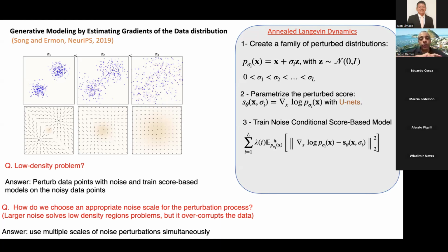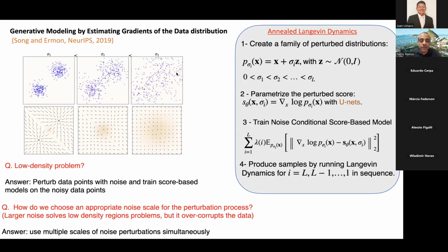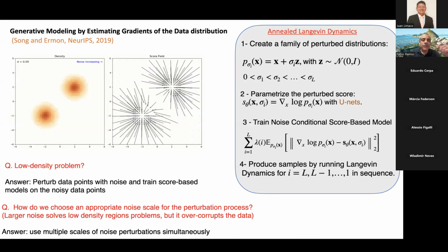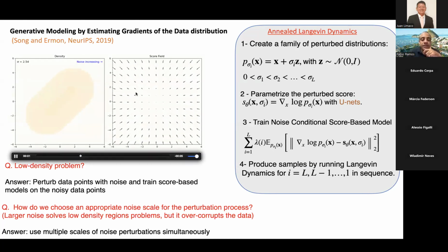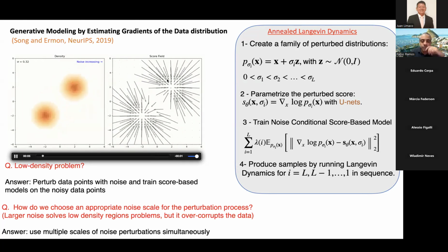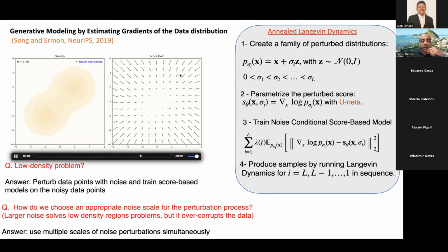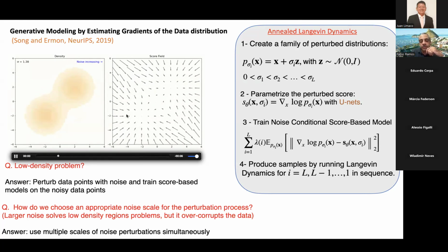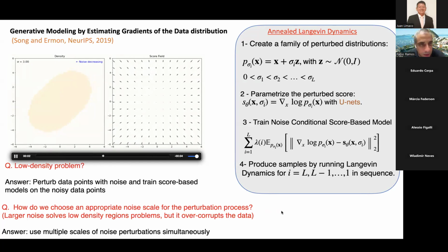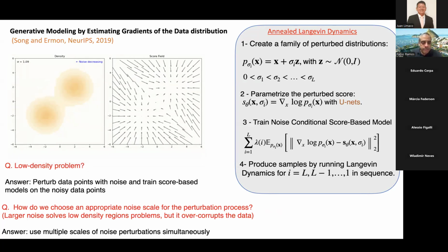And you train a neural network for all the noise levels at the same time. And then you do Langevin dynamics step by step. You do Langevin here, you stop, and then you lower the noise, and then you do Langevin dynamics, stop. And that's the picture, something like this. You go for very high noise, and then you start sampling, lower the noise, start sampling, lower the noise, start sampling, and then you can cross the low density regions. So this is the idea of Song and Ermon in 2019.